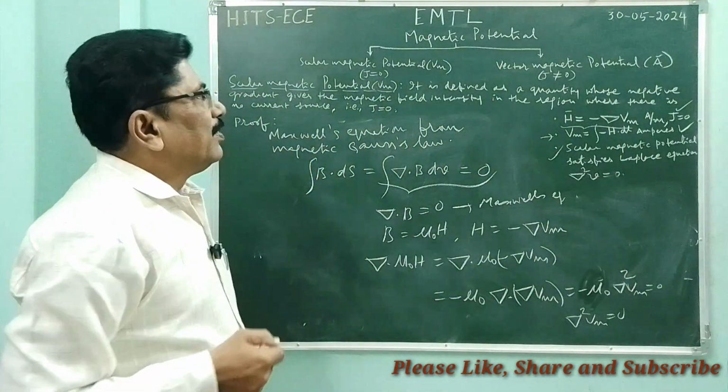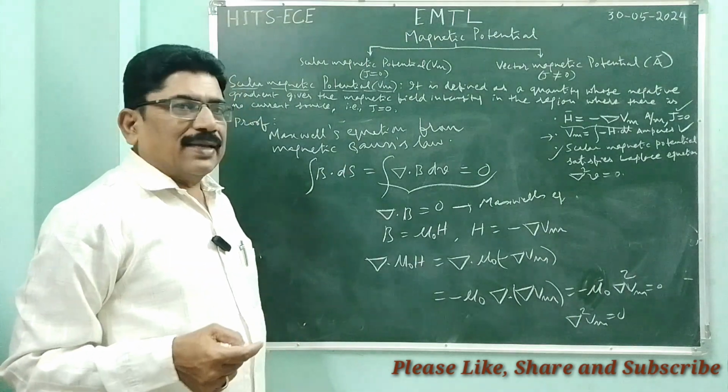Next we will move on to vector magnetic potential, that is A bar.